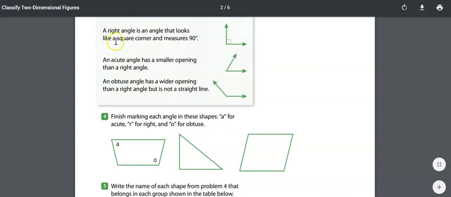So a right angle is an angle that looks like a square corner and measures 90 degrees. So we have an example right here of what a right angle would look like. So when we're looking at our shapes, we're looking at corners that look just like this, that show a 90-degree angle, where you could have potentially drawn a square in the corner.